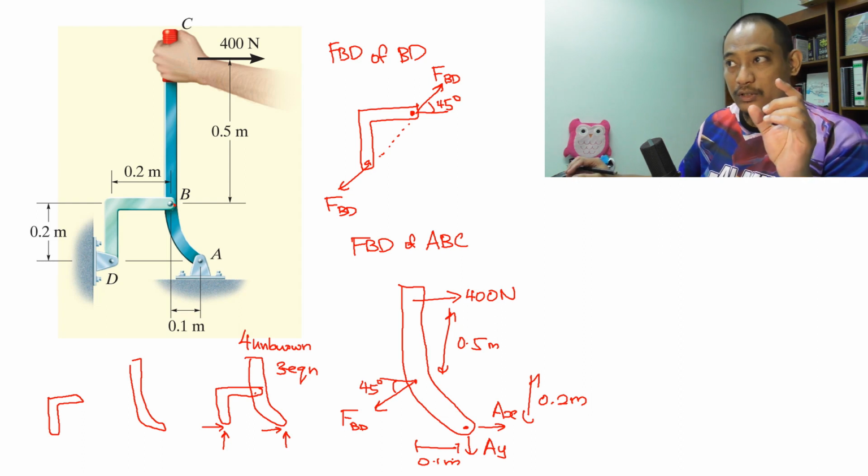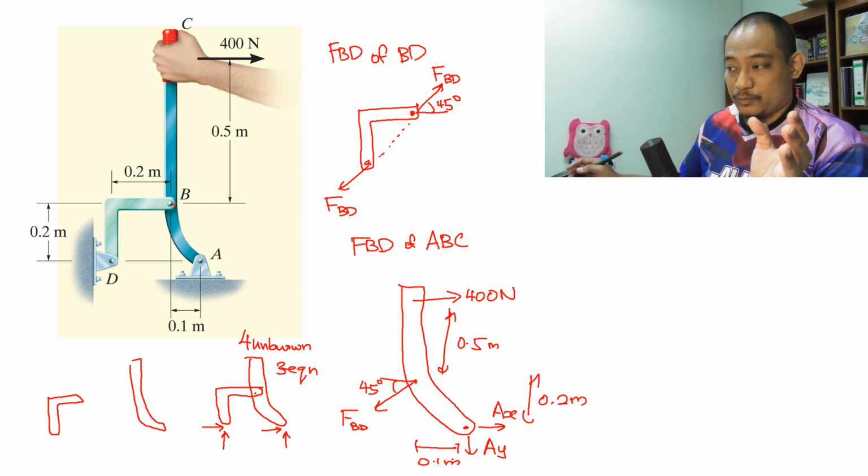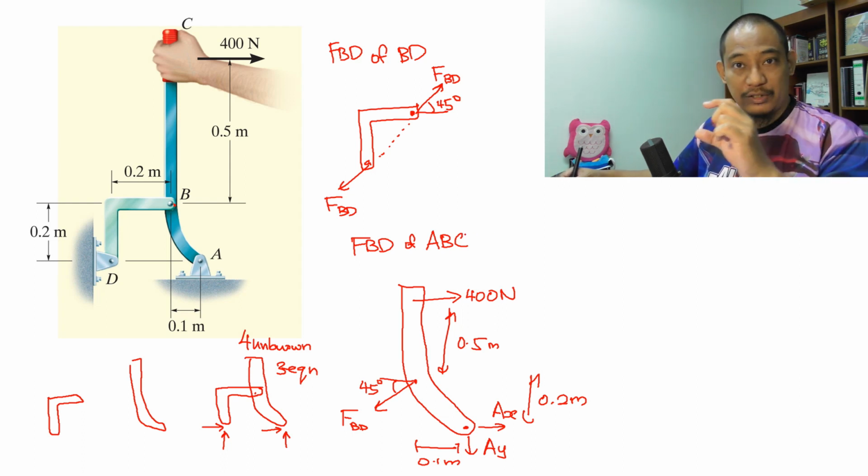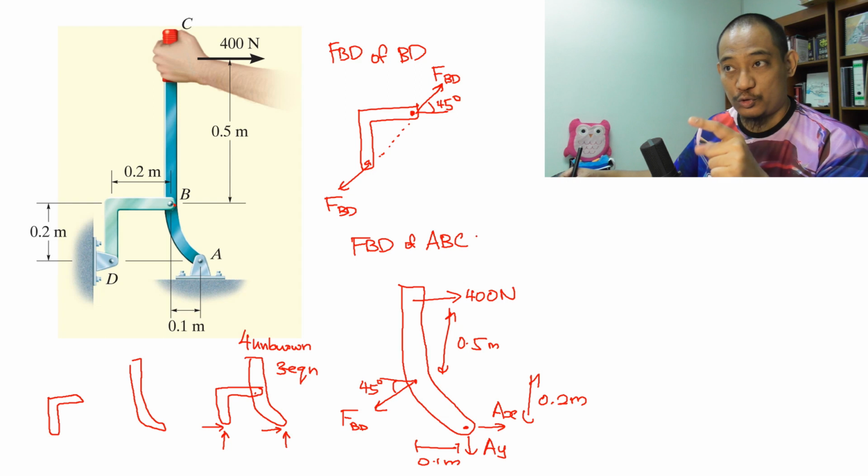Anyway, a tip here to know whether the free body diagram is complete is that when you do the equations of equilibrium afterwards, all the elements in your equations of equilibrium should exist in the free body diagram.